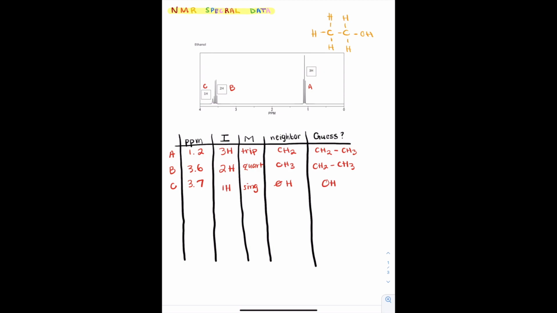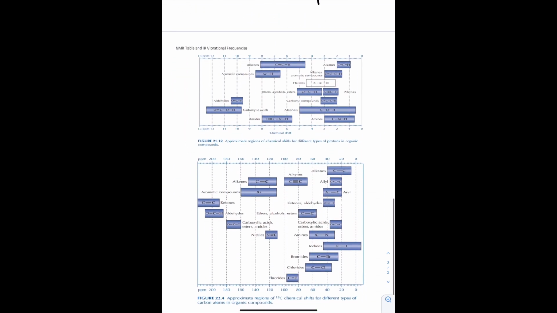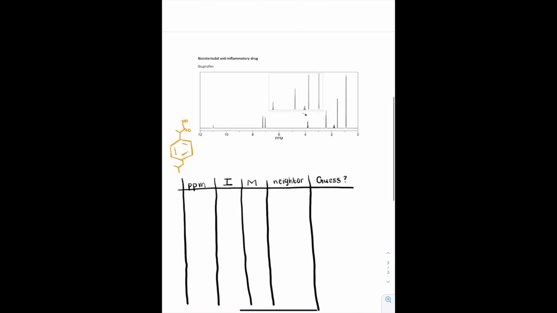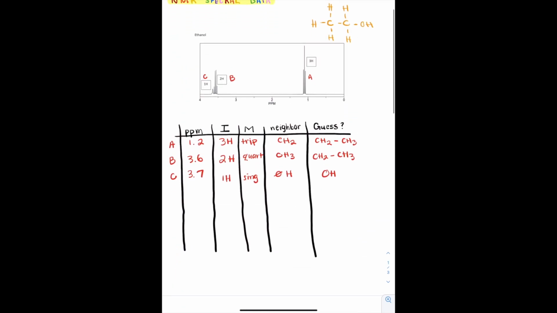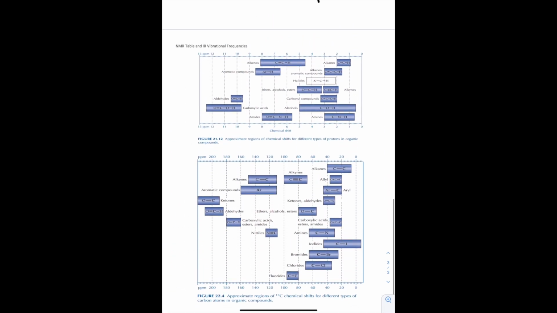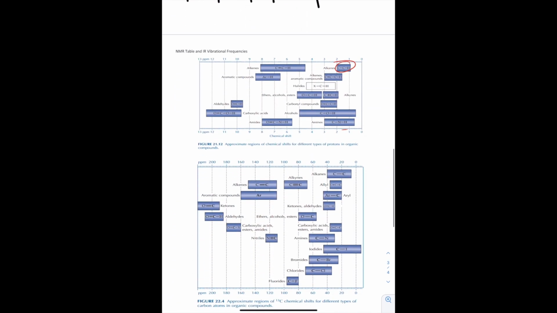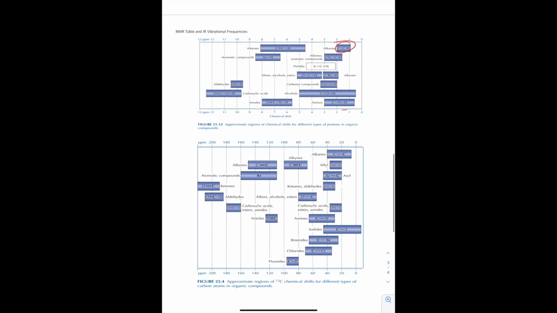And in order to double check, there's this handy dandy NMR table and IR vibrational frequencies table that we can look at right here. So if we go back up to part A, we're going to see that that was at around 1.2 ppm. So we come over here to 1.2 and we see alkane. And that matches with our guess of CH2 connected to a CH3. So that's perfect.